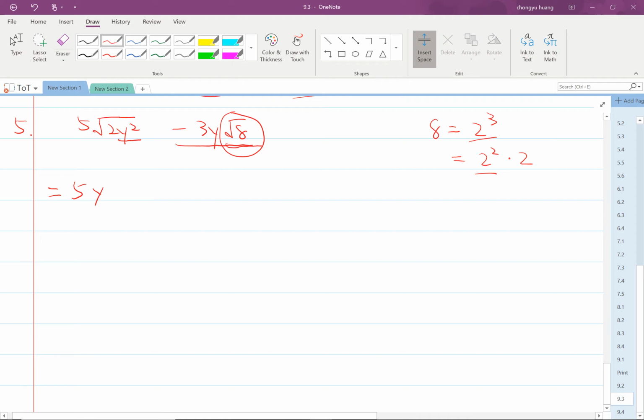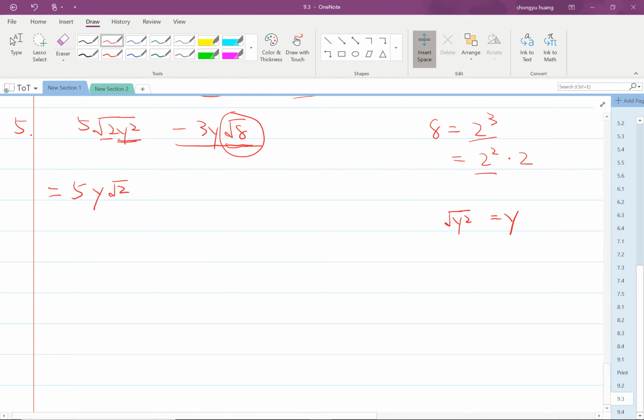So you can just simplify this and write it down as y. Because we have y to the power 2 and a square root, the square root of y squared is simply y. So you write down y, and then we cannot do anything with the square root of 2, so you write down square root of 2.